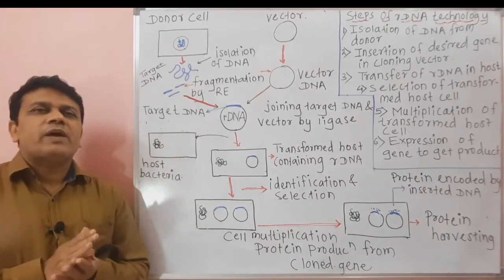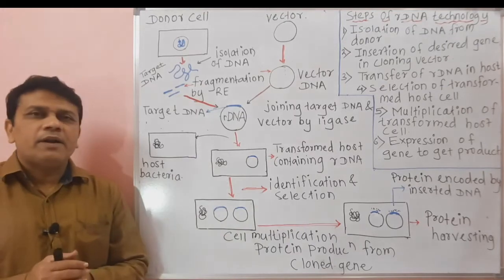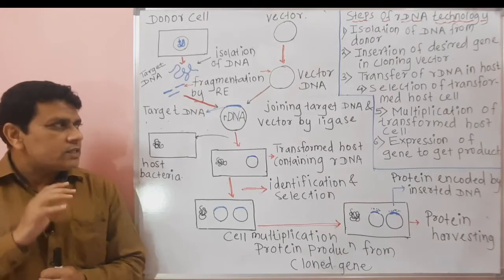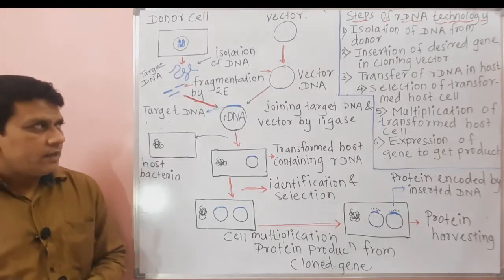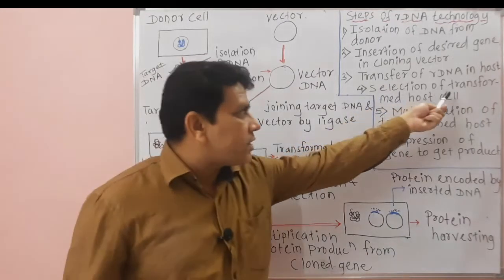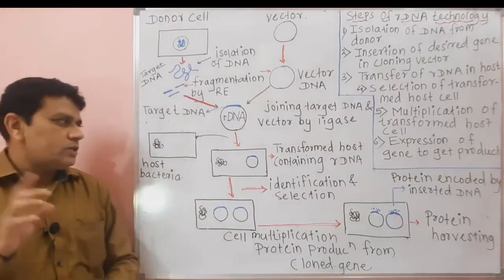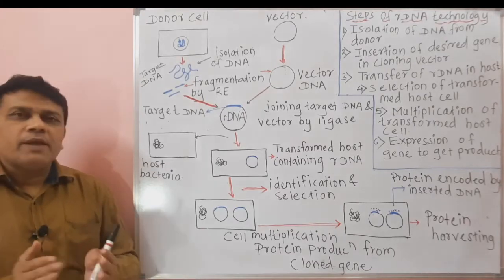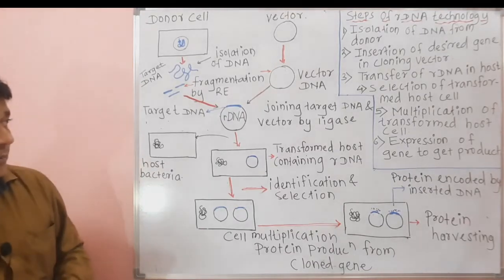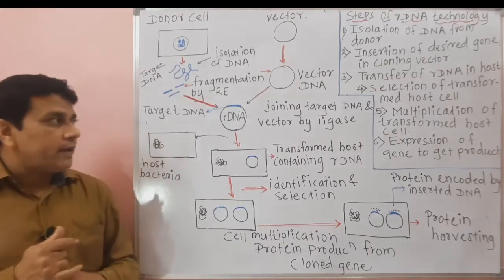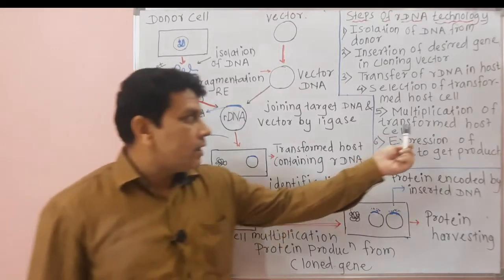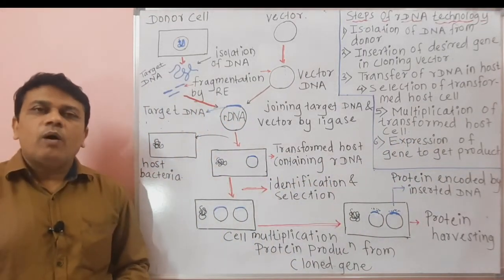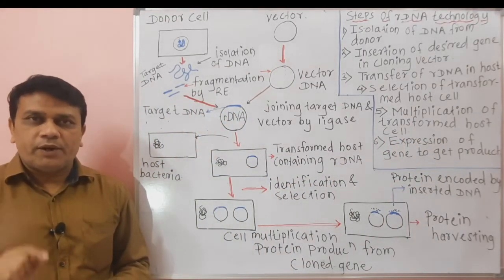The cells which have received this recombinant DNA are called transformed cells, and such cells are selected, and this step is called selection of transformed host cells. Then these transformed host cells are placed on a fresh nutrient medium for further multiplication. So the next step, multiplication of transformed host cells, occurs on a suitable fresh nutrient medium.